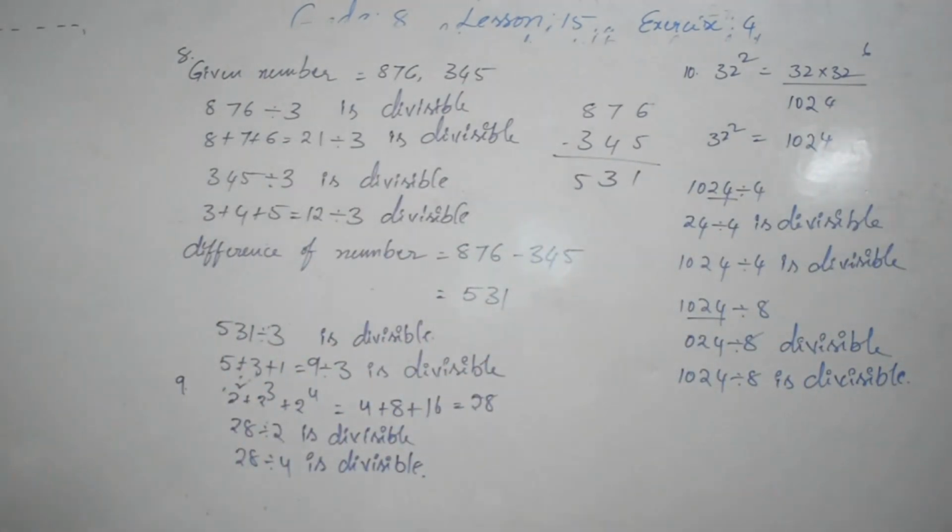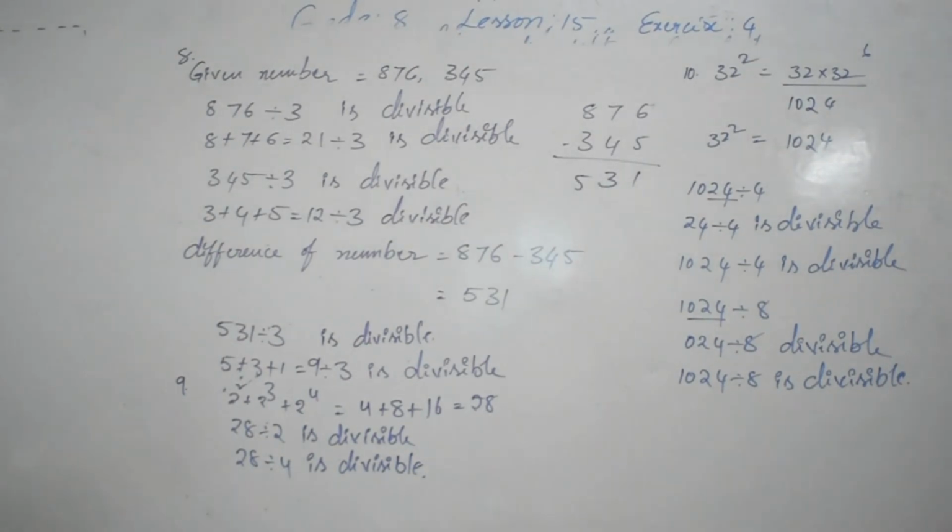Next one, 11th one, the last one. Check: A679B is a 5 digit number divisible by 72.